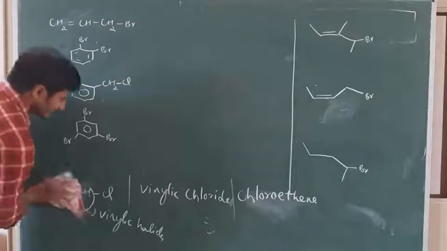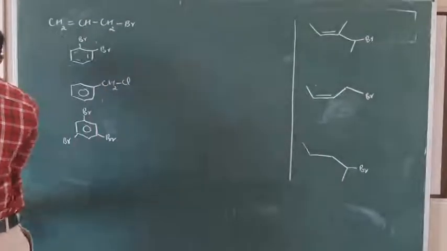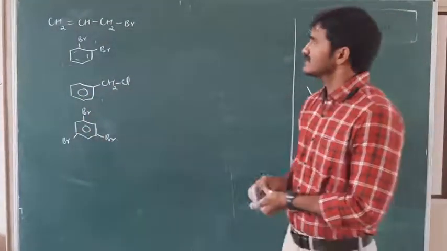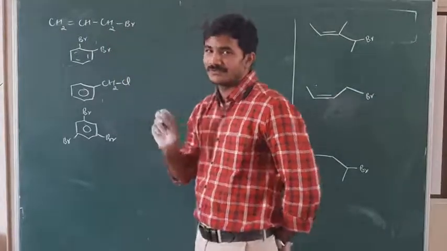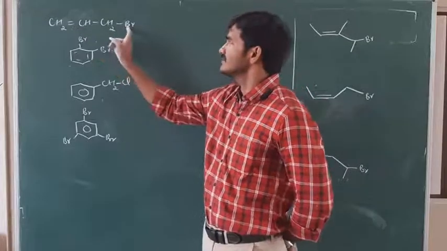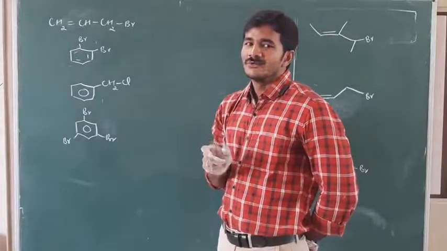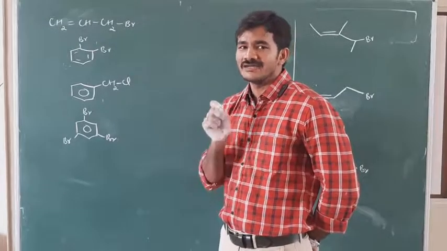Now let us see some other examples. You see these examples. In this example, we have both a double bond and a halogen present. Remember one point here. When a double bond and a halogen are both present in a molecule, while giving numbering we have to give first priority to the double bond containing carbon.